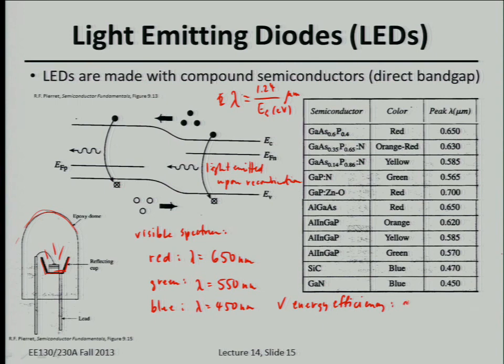It can approach maybe 90 lumens per watt, which is actually comparable to a fluorescent light bulb. What else? Yeah, compact size, and the voltage required is lower.